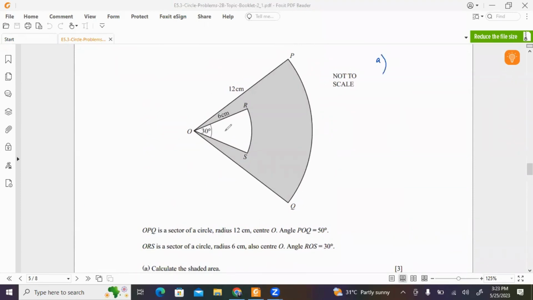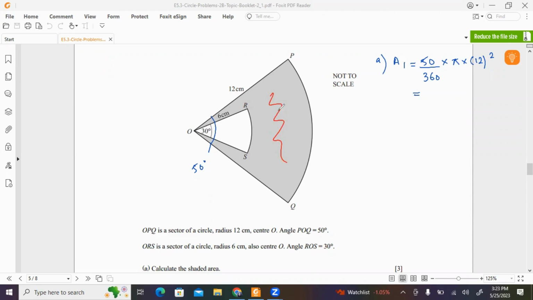So we know that the smaller angle ROS is 30, angle POQ is 50. So I'm going to do area 1 first. Area 1 is going to be 50 over 360 times pi times 12 squared. When I say area 1, I'm talking about the biggest sector.